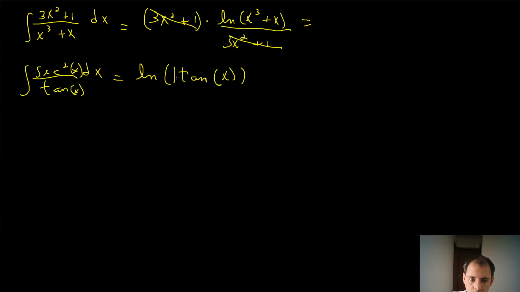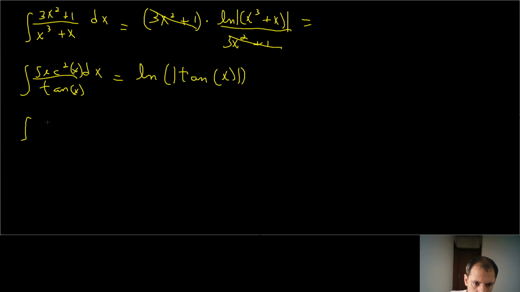So you've got to put the absolute value in there. And you've got to put the absolute value in here too. I forgot about that because this can be negative.